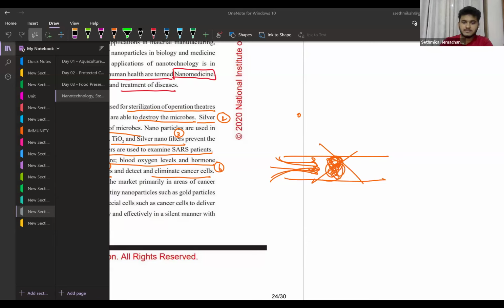Chemo receptors, you know what that is. It's like that. Yeah. Chemicals are injected into our body, right? Chemicals. Chemo means chemicals, right?